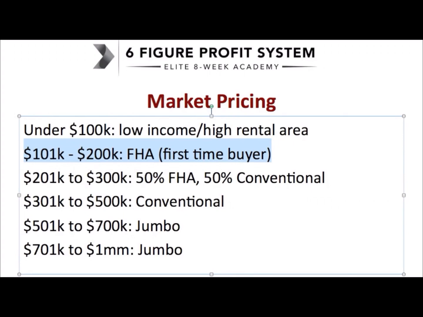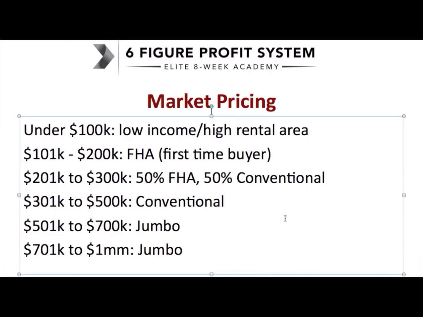Now, I do have a disclaimer here I want to get out. This pricing that I've broken down here that you see on the screen is for most of your markets across the U.S. So there are some exceptions, obviously, which is your coastal markets like L.A. and San Diego and the East Coast side as well, on the oceanfront property markets.